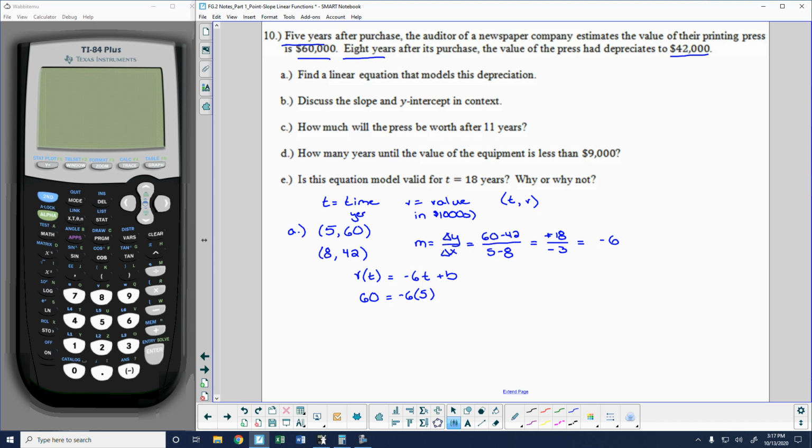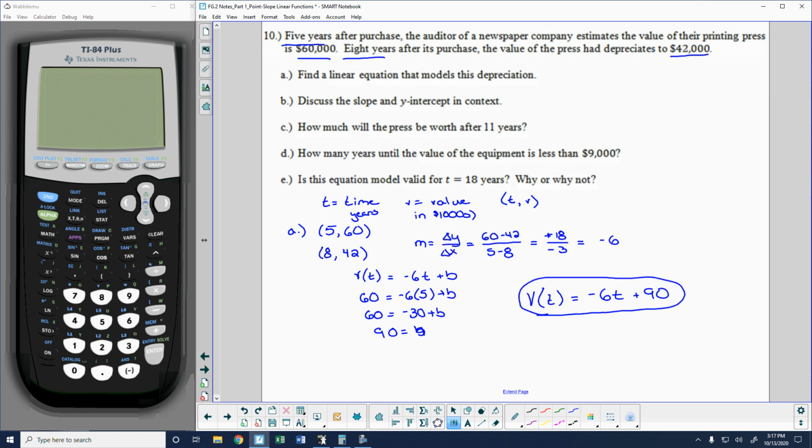Now I can solve this for b. I'd simplify the equation: 60 equals negative 30 plus b. Add 30 to both sides and get 90. So b equals 90. So my equation here, v of t, the value after some time, is going to be negative 6t plus 90.